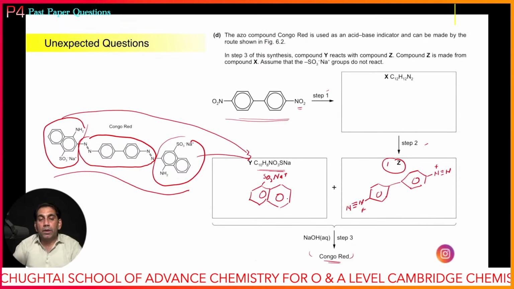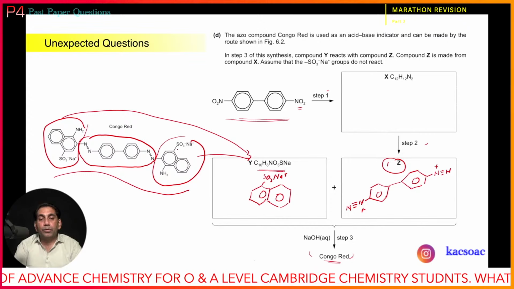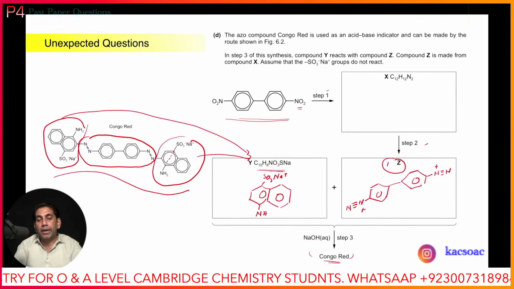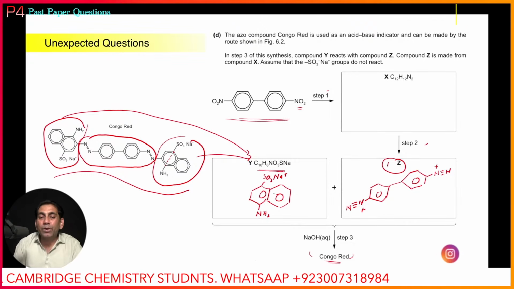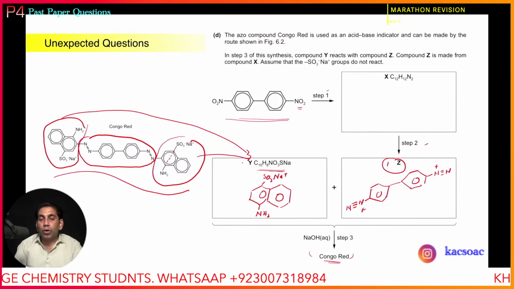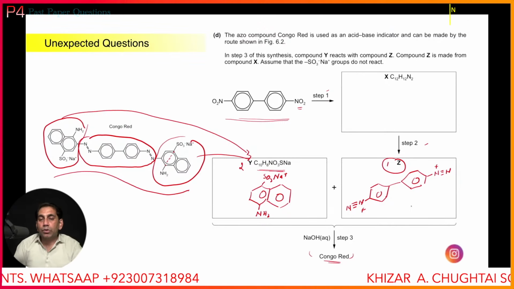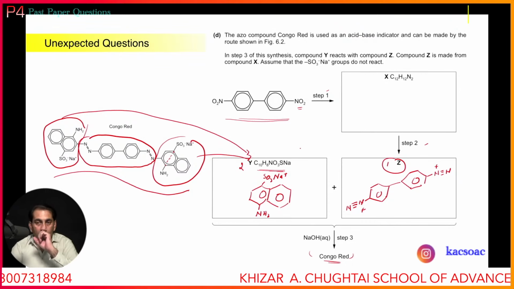And here, at the para position of this group, there is NH2. I am marking NH2 over here, and that's all. That is the Y. And you know that 2 mole of Y is going to be mixed with 1 mole of this Z, and it's going to make this organic dye.